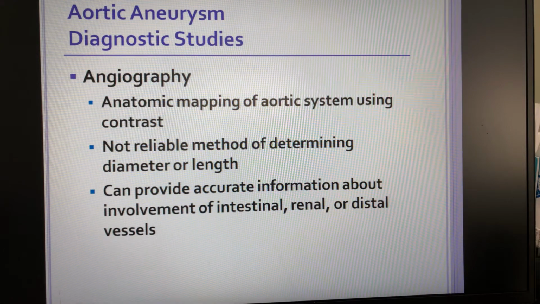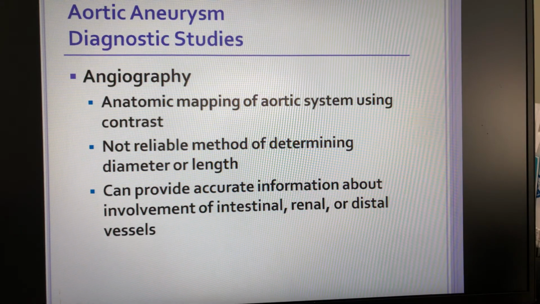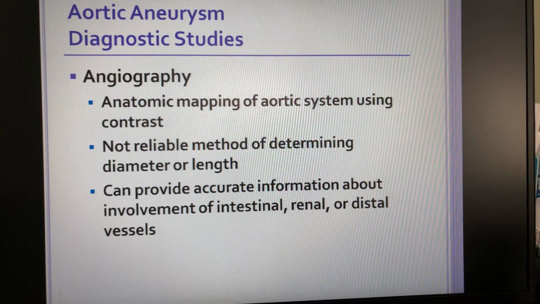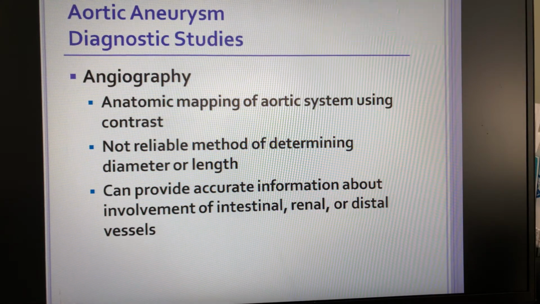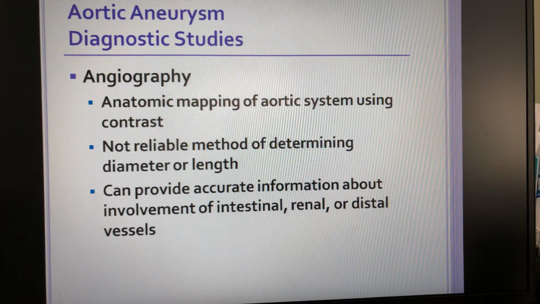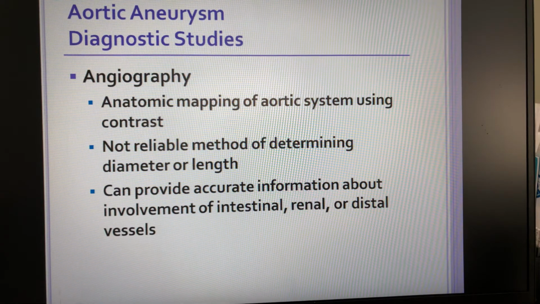And with angiography, it is anatomic mapping of the aortic system using contrast. It's not a reliable method for determining the diameter or the length though, and it can provide, again, accurate information about involvement of any intestinal, renal, or distal vessels. And that's why I said it is really useful if you have a suprarenal or thoracic abdominal aneurysm. You can use angiography.